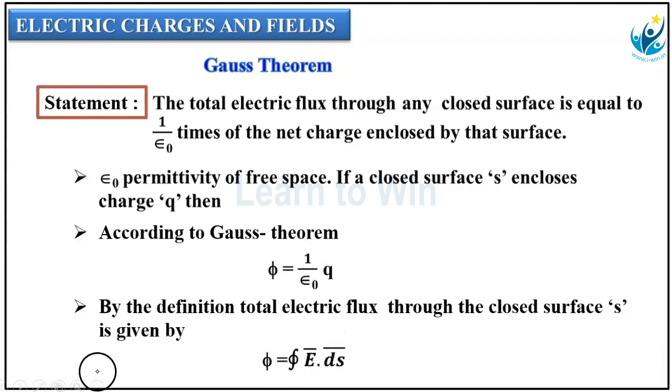So, from these two equations, phi equals closed integral E bar dot dS bar is equal to 1 by epsilon naught into Q enclosed. Hence, Gauss theorem states that the total electric flux through any closed surface is equal to 1 by epsilon naught times the net charge enclosed by that surface.